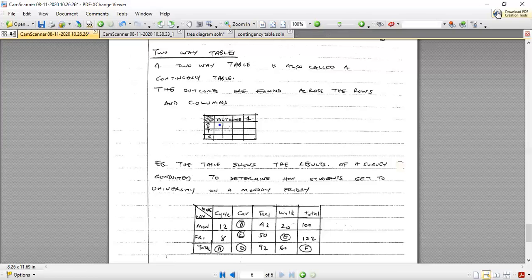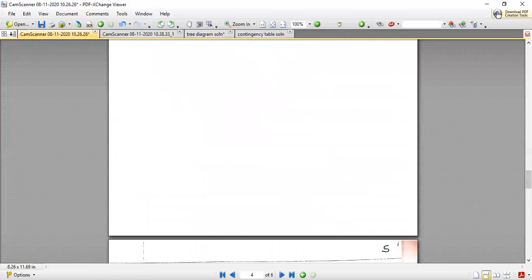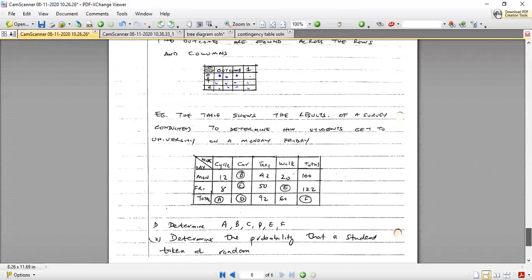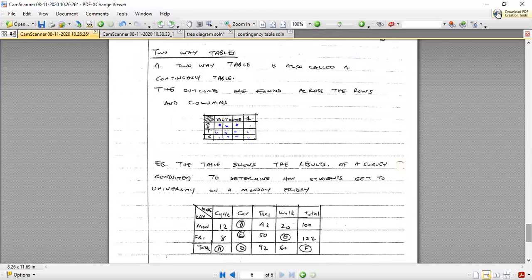And in these blocks will be the values or the possibilities combining outcome 1 and outcome 2. As I said, the best way to illustrate such a table is to look at an example.